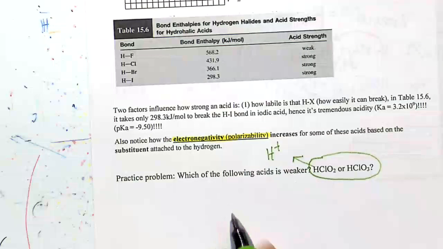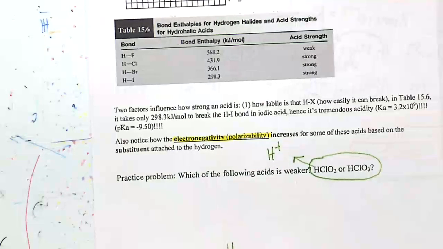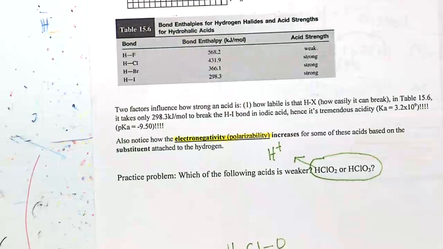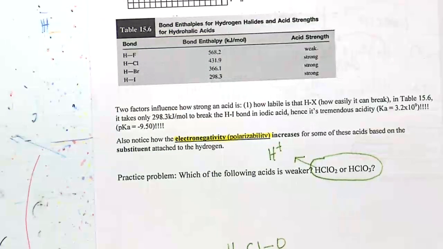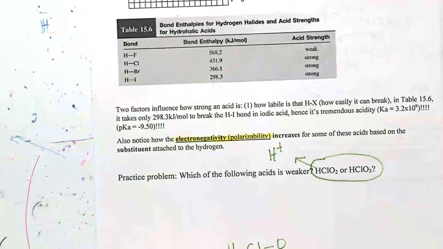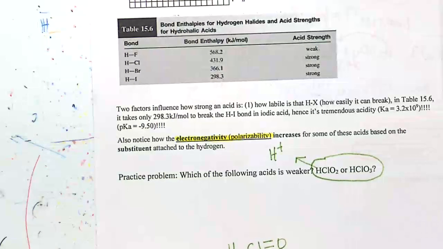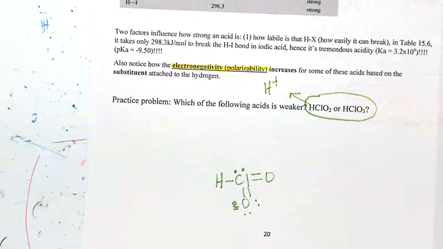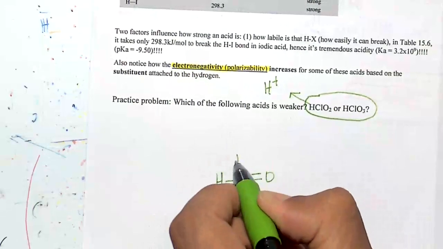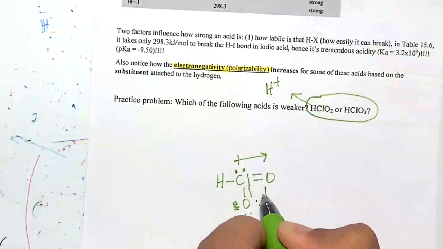If I draw the structure of HClO2, you don't need to know the Lewis structure, but this pulls.